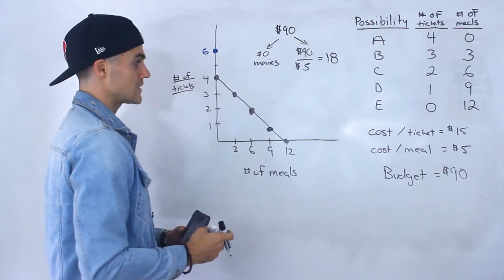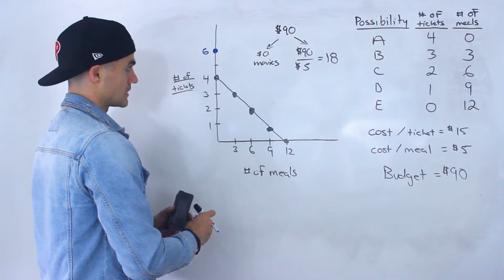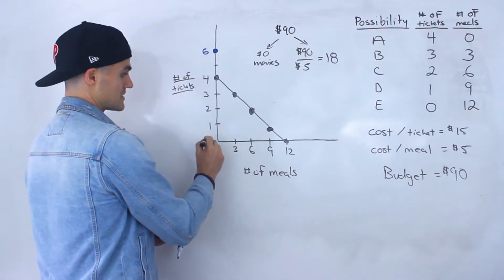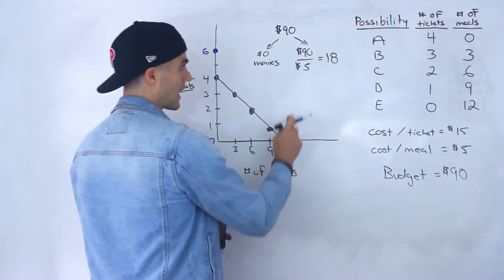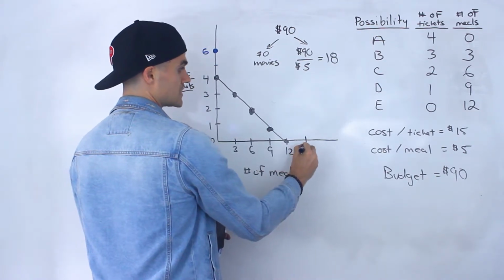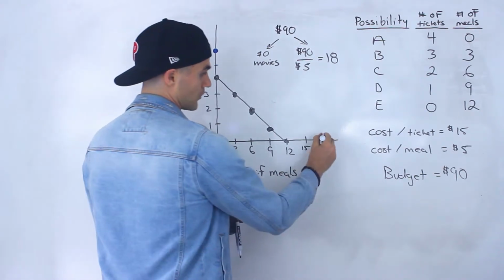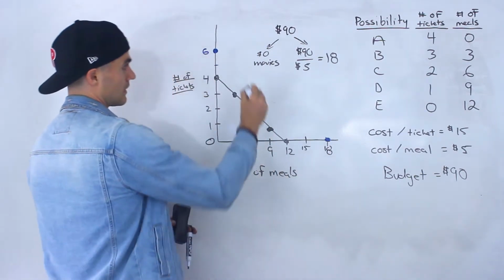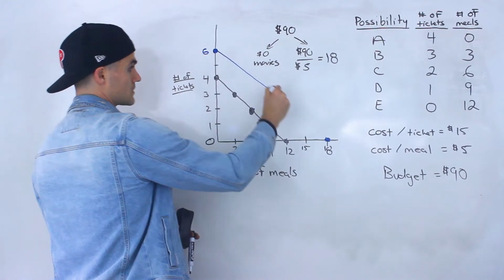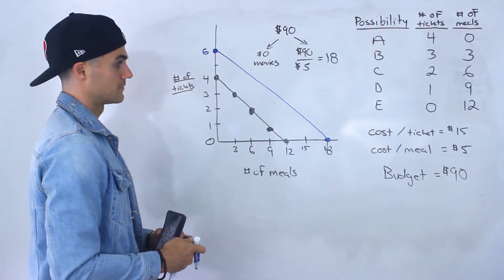We can buy 18 meals. So if we spend $0 on movies, if we buy 0 movie tickets, we can buy 18 meals. So that would be 15, 18. That would be over here. And so what's going to happen, that's going to be the new budget line.